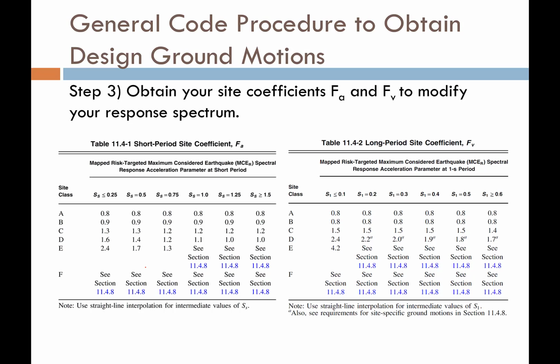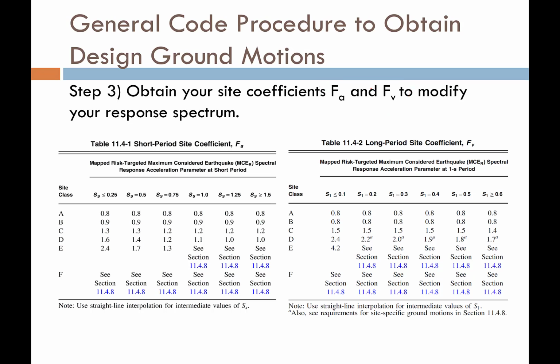It's easy. All you're going to do, your next step, you're going to grab your site response coefficients or your site amplification coefficients, FA and FV. These values, FA and FV, are what effectively transform the bedrock ground motions to ground motions on the top of the soil. And so think of these as transform functions to convert bedrock motions to soil motions.